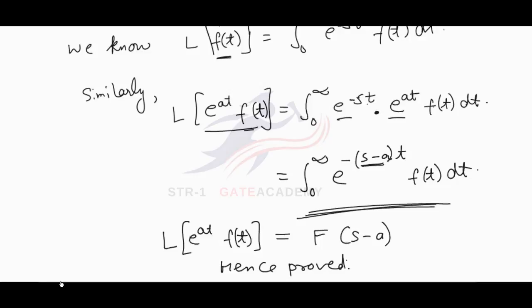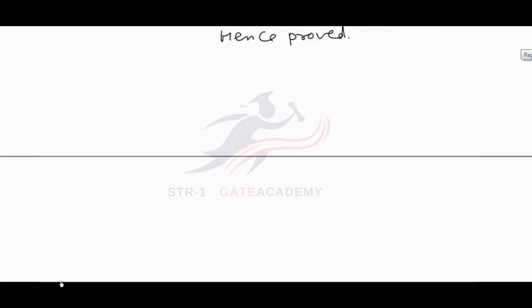So easily you can prove this particular type of examples. Now you can solve a couple of problems on this directly or indirectly. You will get the questions. Inverse Laplace also we have already discussed how to find.